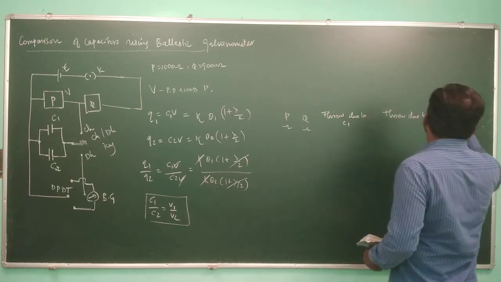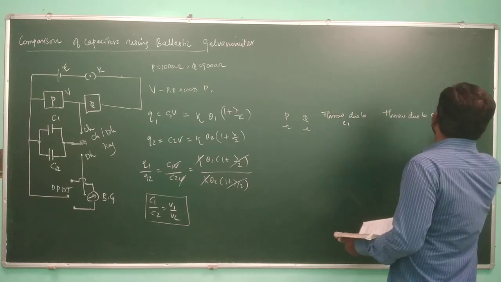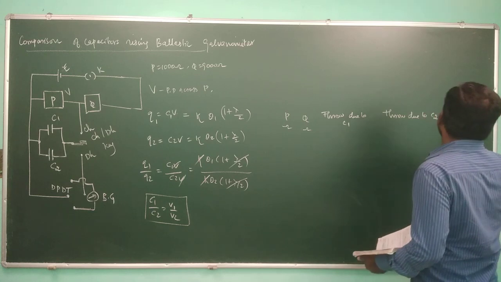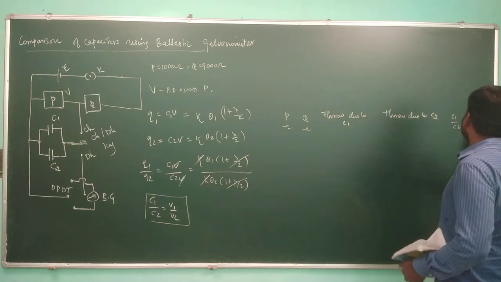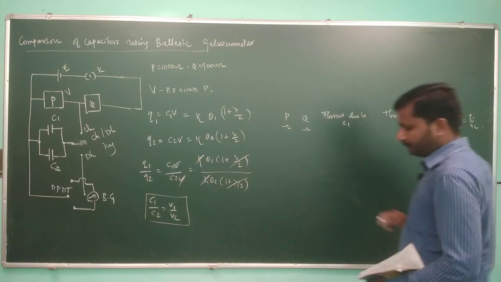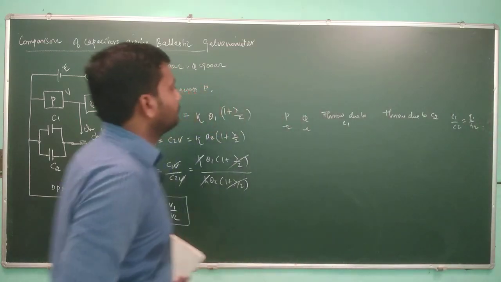Then you can apply the formula: C1 by C2 equal to theta 1 by theta 2, right?